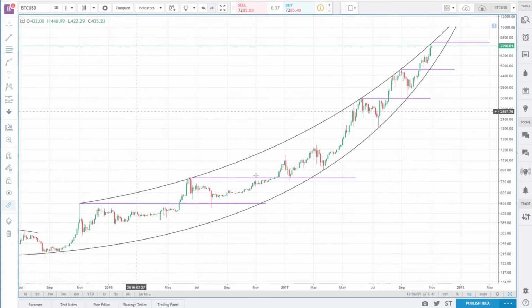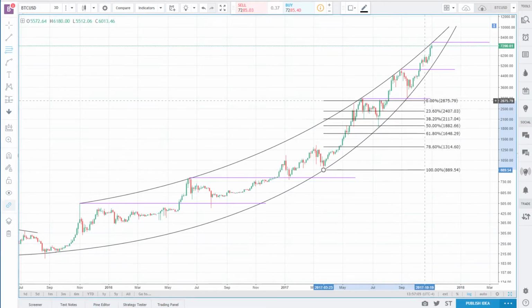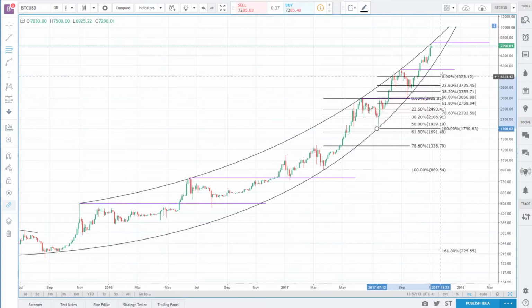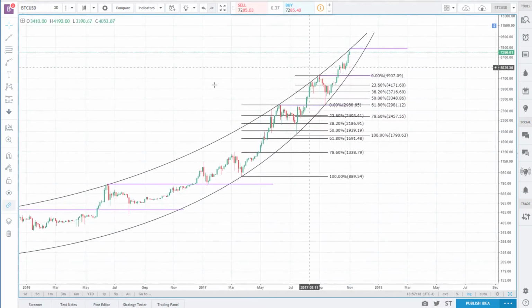So if we take into account the retracement patterns that we've seen with every correction, we go here, and we see a 50% retracement. Let's do another one. Here to here, 50 to 61% retracement.